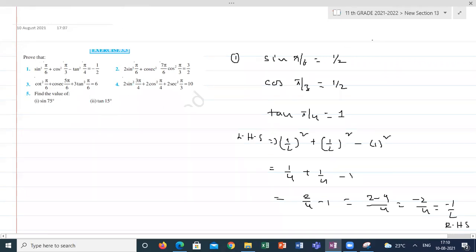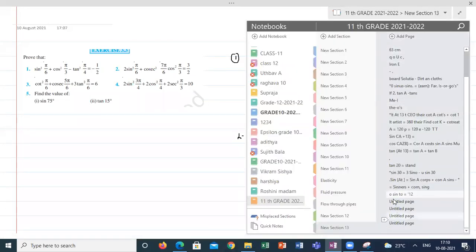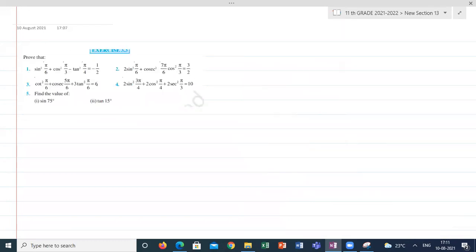The same way, if I'm taking the second one, guys, what is the value of sin pi by 6? As we discussed, 2 into (1/2) whole squared. Then what is the value of cosecant 7 pi by 6?